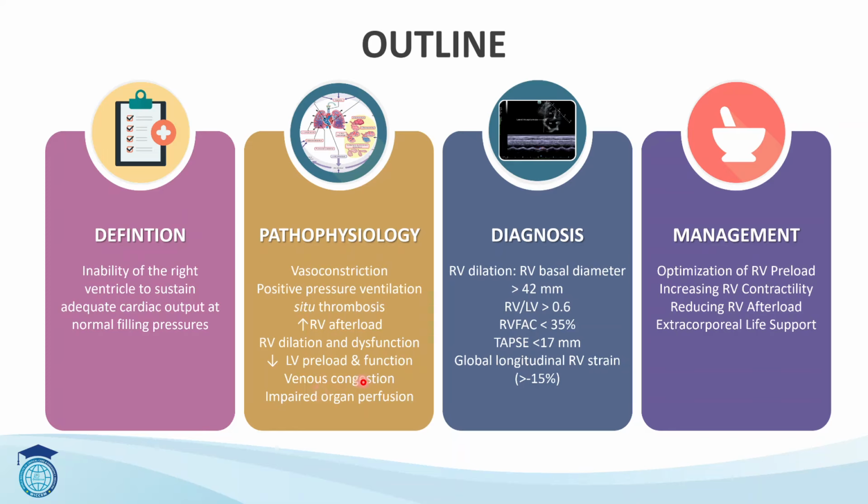This will lead to decrease in LV preload and dysfunction, and then venous congestion and impaired organ perfusion. In terms of the diagnosis, we rely on the presence of RV dilation with RV basal diameter more than 42 millimeter, RV to LV ratio more than 0.6, right ventricle fractional area change less than 35%, TAPSE less than 17 millimeter, and global longitudinal RV strain more than minus 15%.